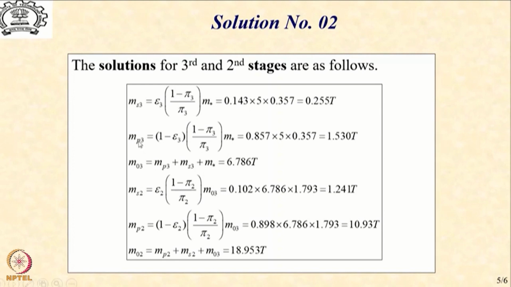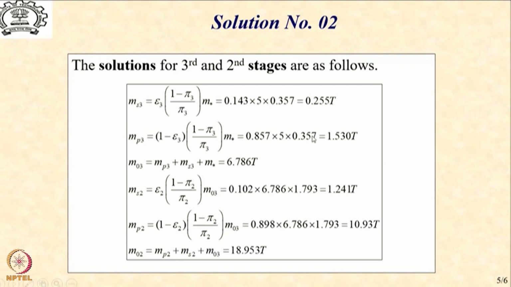Now we can get the propulsion mass for the third stage as the following expression, again a function of the payload mass, and it turns out to be 1.53 tons.